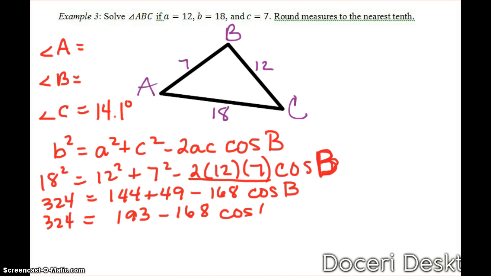Minus 168 the cosine of B. Now 168 has to stay with the cosine. I'm going to subtract 193 from 324, and I get 131 equals negative 168 cosine of B.